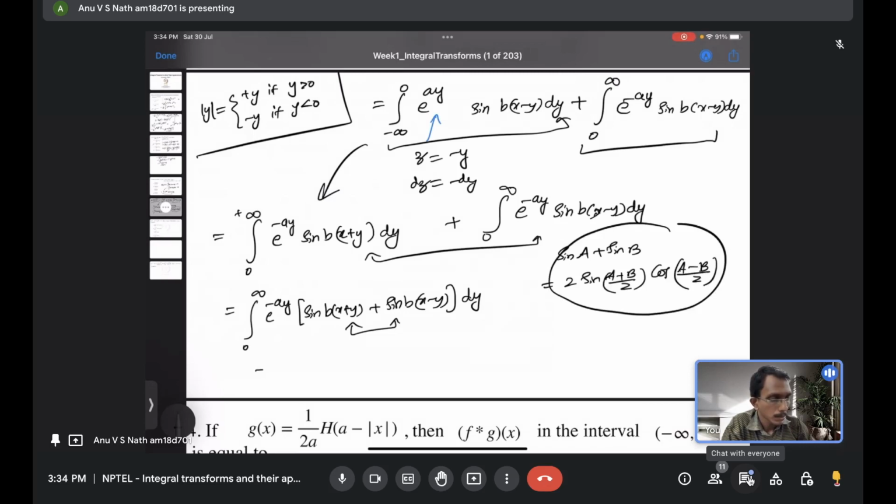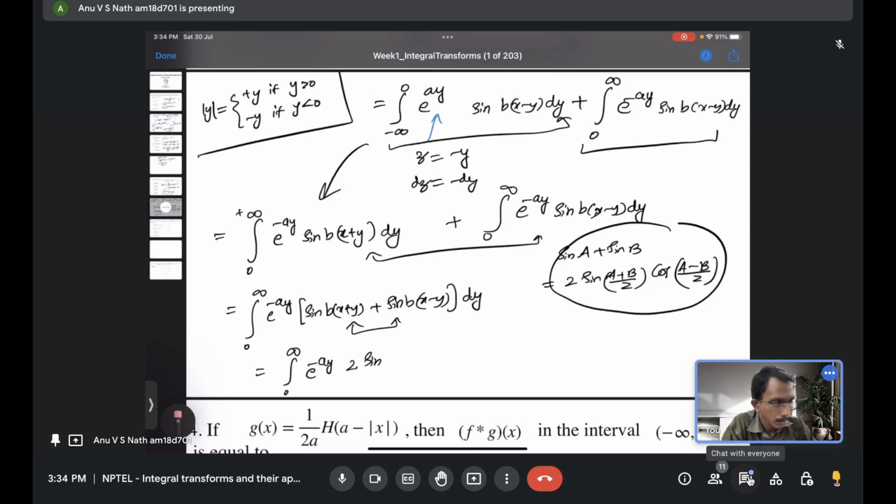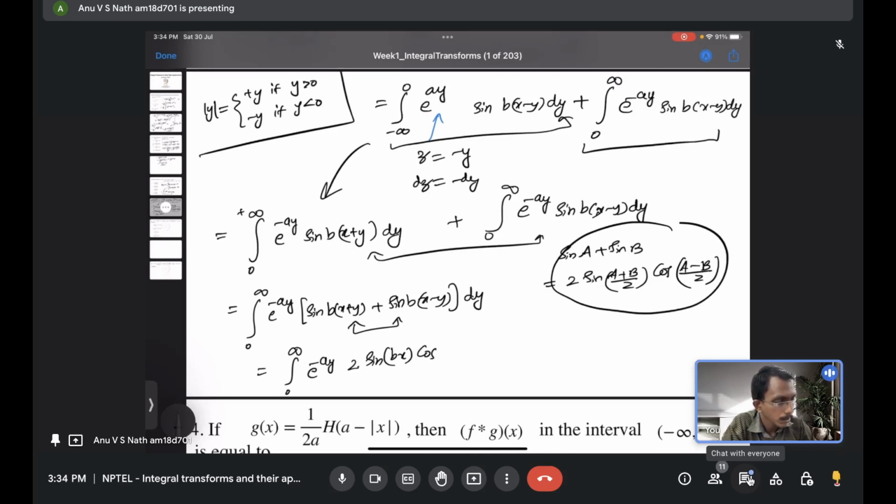According to this we can write exponential of minus ay times 2 sine of bx, since adding the two terms gives 2 sine bx, and the subtraction term is going to give cos by, then dy.